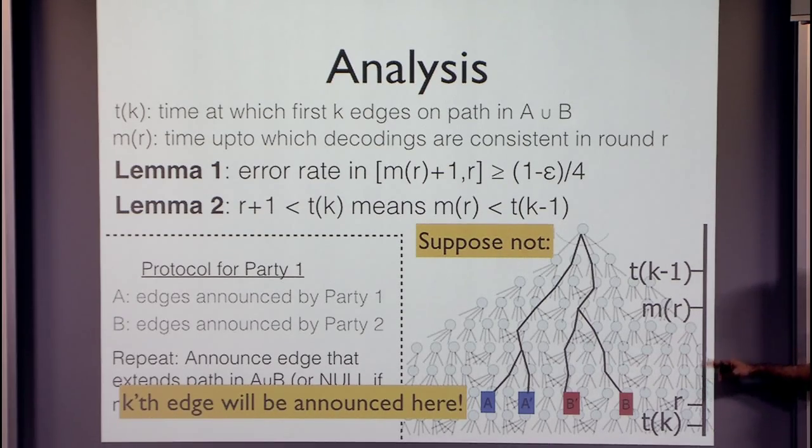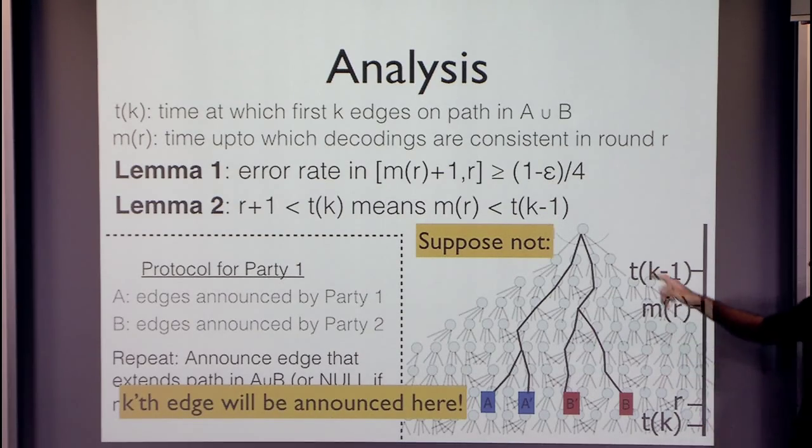There's a round r and m_r that are between t_{k-1} and t_k. Then this contradicts the behavior of the protocol, because at round r, if m_r is after t_{k-1}, that means both parties know the first k minus 1 edges correctly. So one of them will announce immediately the kth edge. So if this happens, then t_k must follow right after round r. And that's exactly what the lemma says.